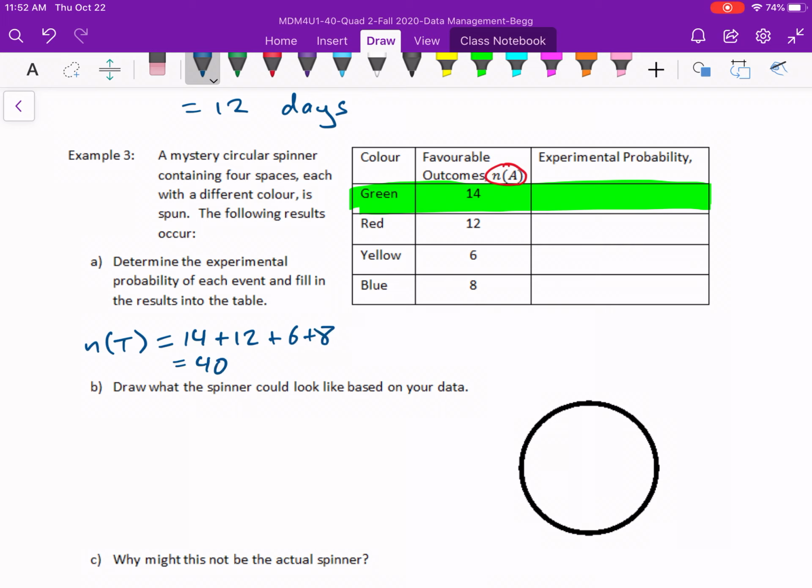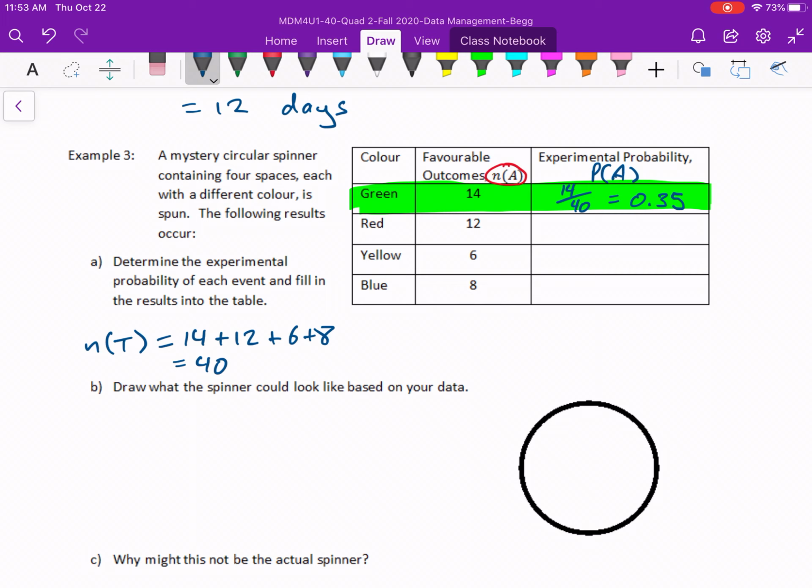So the experimental probability, P of A, is going to equal N of A, 14, over N of T, which is 40. And I could reduce that, or I could change it to a decimal. That reduces to 7 over 20, or 3.5 over 10. So let's do that as a decimal, 0.35. That's what 14 over 40 would reduce to.